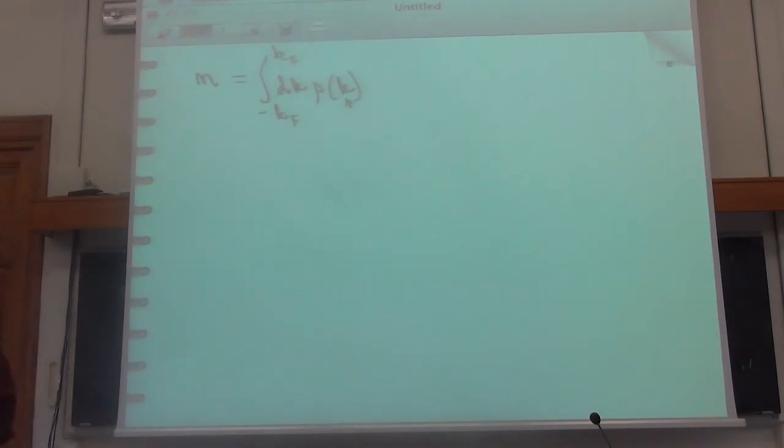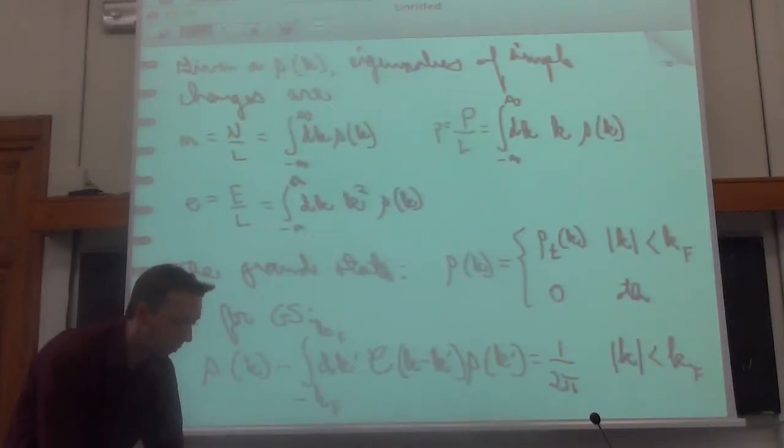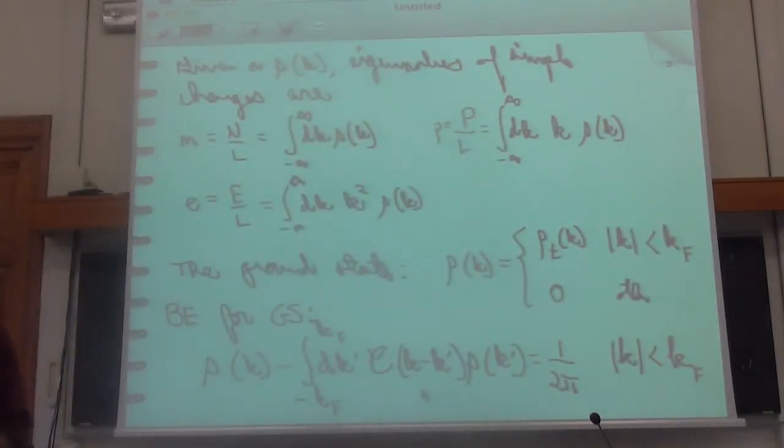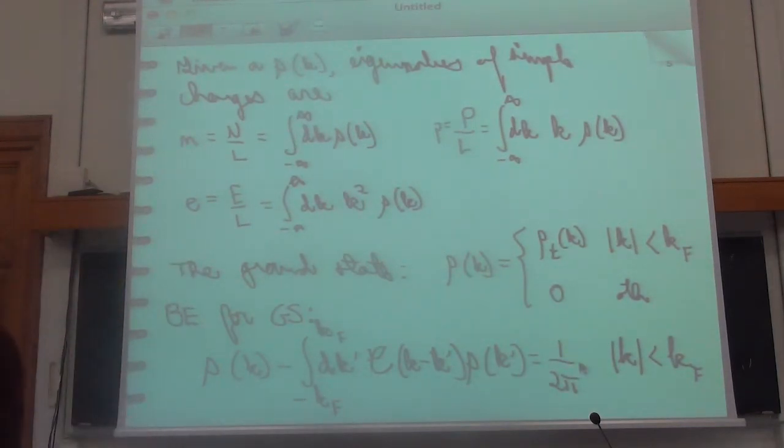So any given n that you want, I will just use as a constraint. So now essentially the system of equations that I'm solving, if you require a specific filling, is, first of all, I solve for rho this equation here, which we will call the Lieb equation, although it actually carries an earlier name, which is much better because it's called the Love equation.